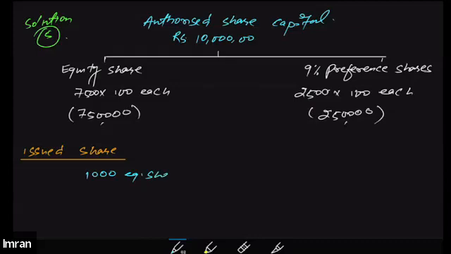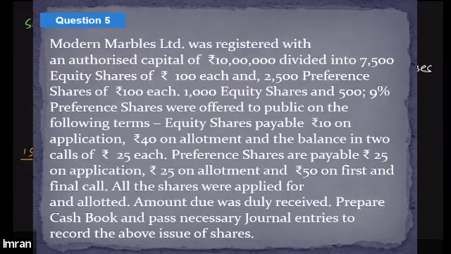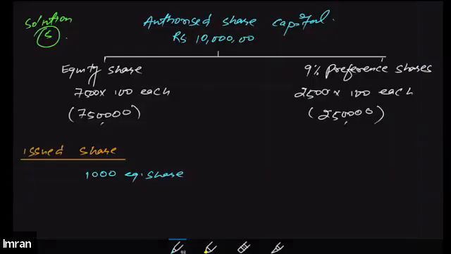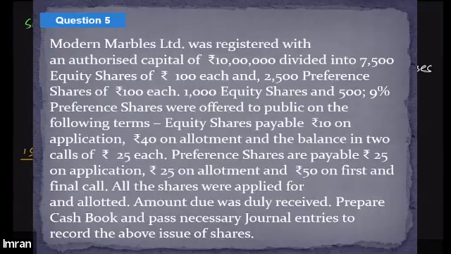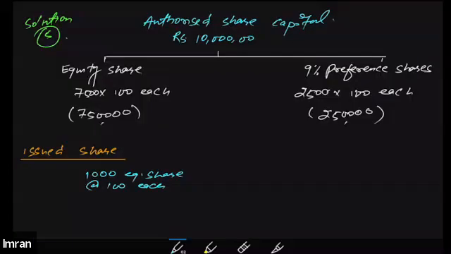having the face value of rupees 100 each, and only 500 preference shares were issued to public at the rate of 100 each. 500 preference shares, 9% preference shares were issued.